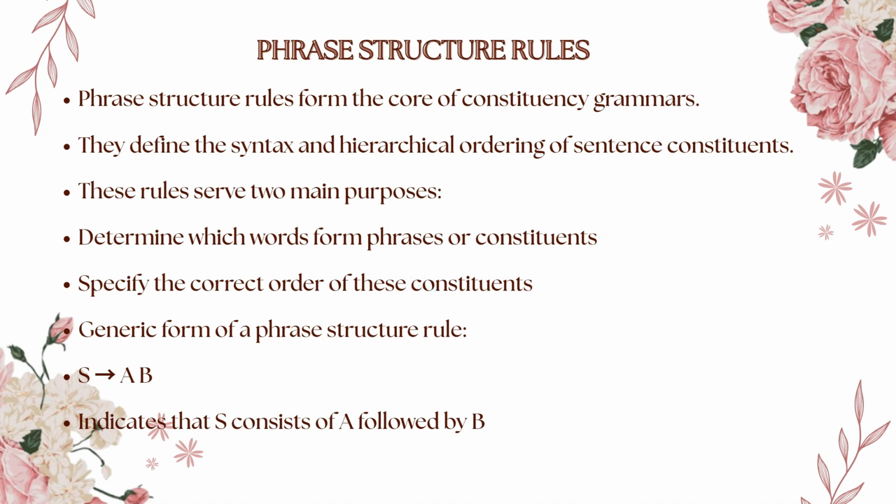Second, they determine how we need to order these constituents together. So the generic representation of this phrase structure rule is S → A B, which indicates that the structure S consists of constituents A and B. The ordering is A followed by B.